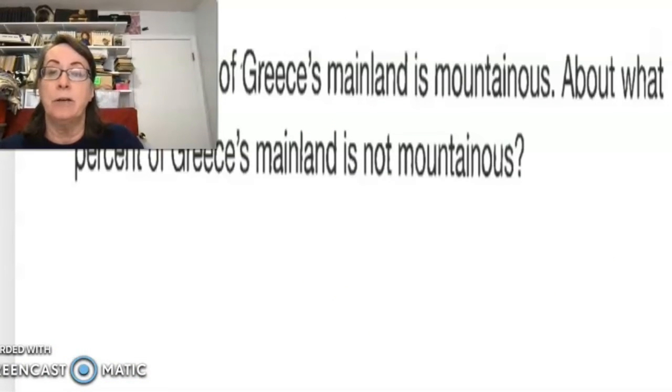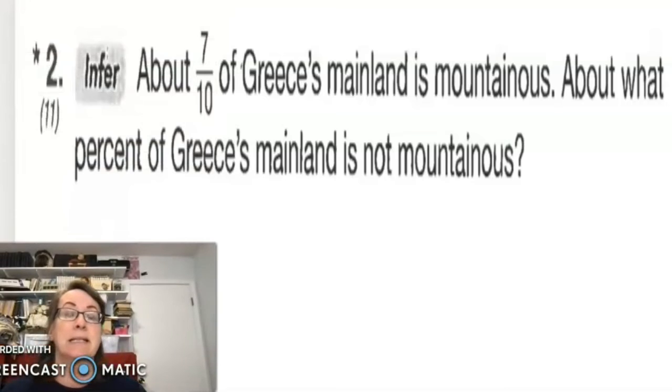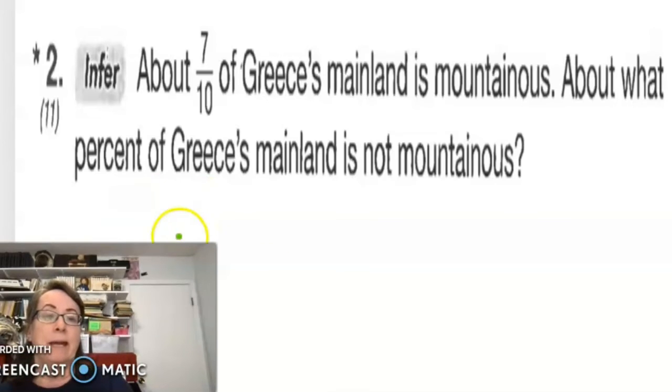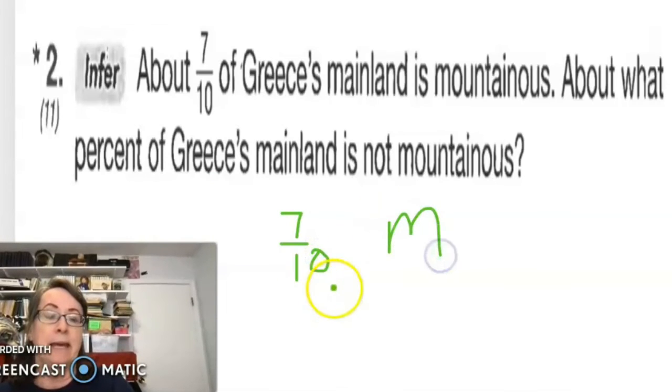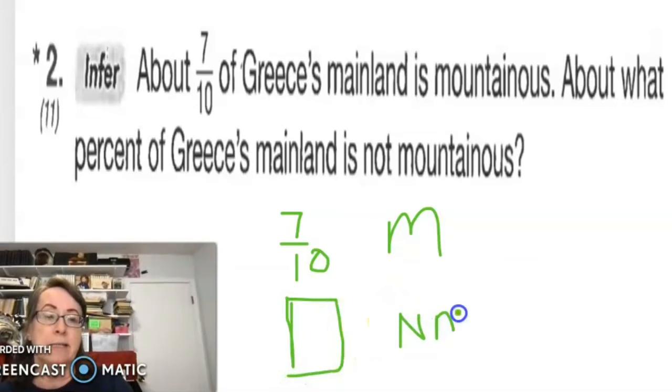Number 2 says about 7/10 of Greece's mainland is mountainous. About what percent of Greece's mainland is not mountainous? Well, we're going to think of the whole as being Greece's mainland. So if 7/10 is mountainous, then how much of Greece will be left as not mountainous?